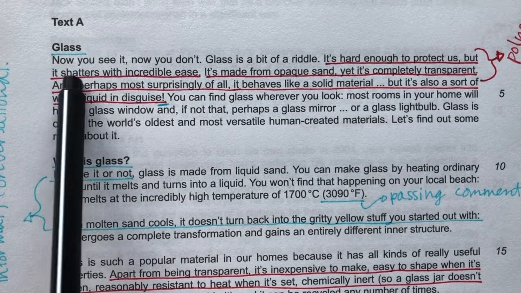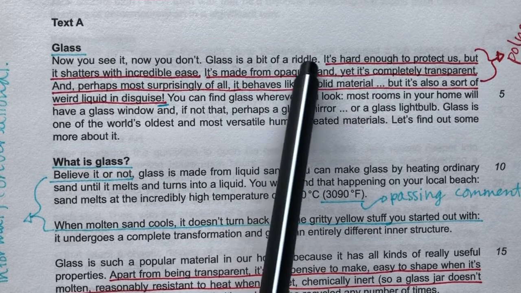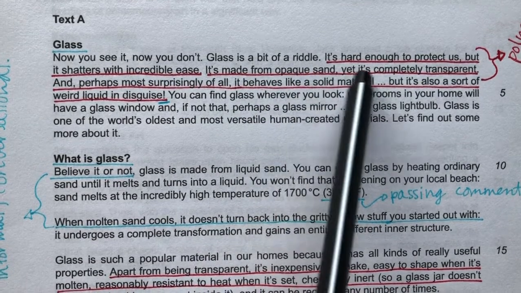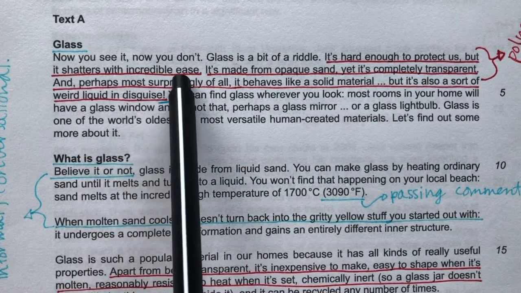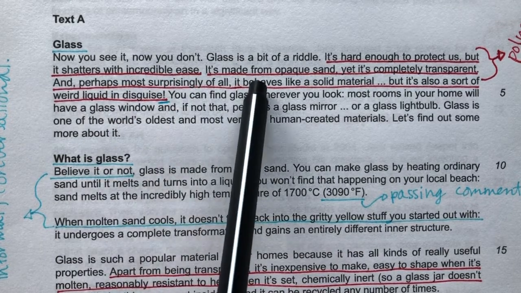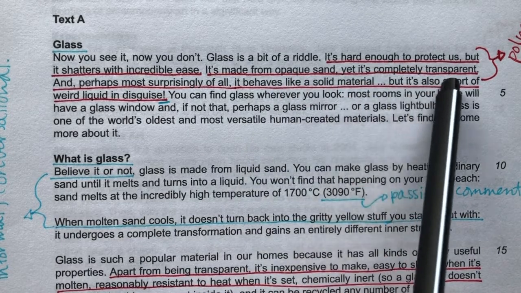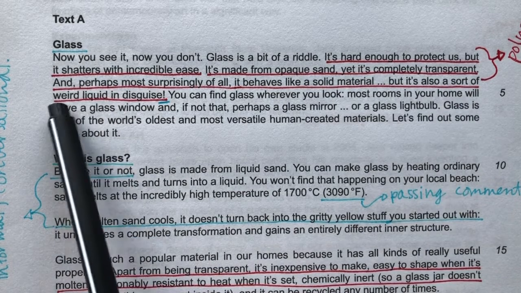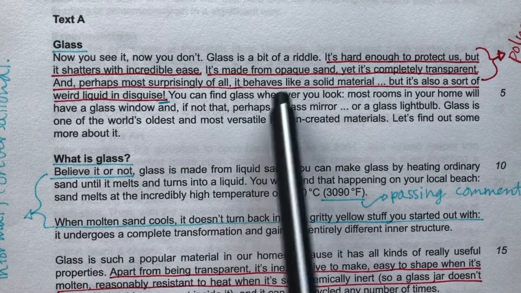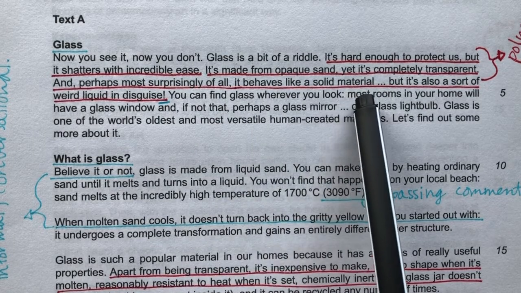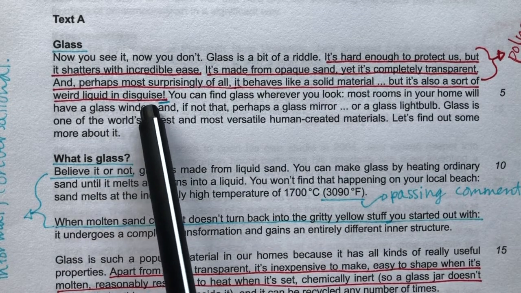Glass. Now you see it, now you don't. Glass is a bit of a riddle. It's hard enough to protect us, but it shatters with incredible ease. It's made from opaque sand, yet it's completely transparent. And perhaps most surprisingly of all, it behaves like a solid material, but it's also a sort of weird liquid in disguise.